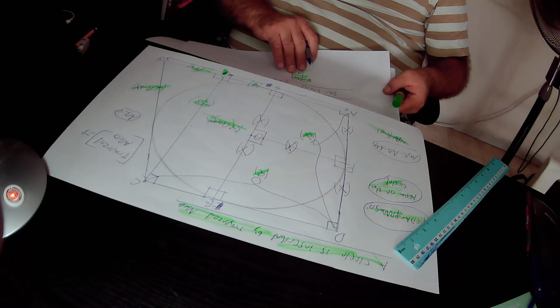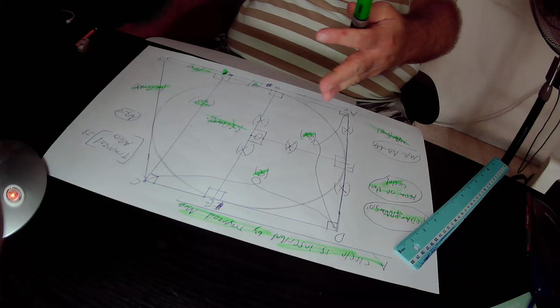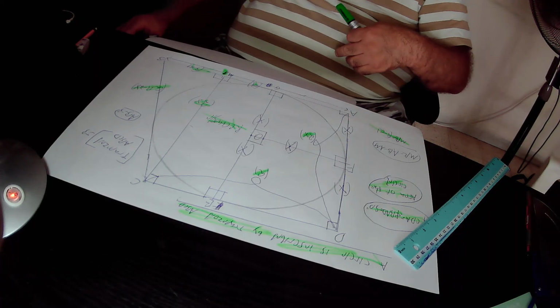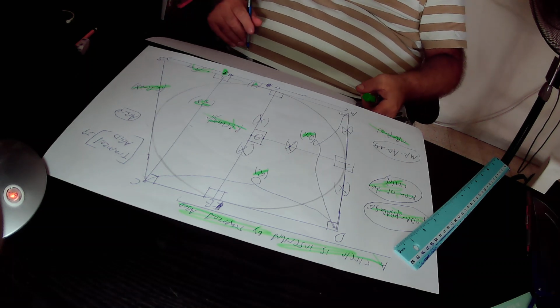In the next step, we find out the area of this big trapezoid ABCD according to the formula that I presented to you in the beginning of the lecture.